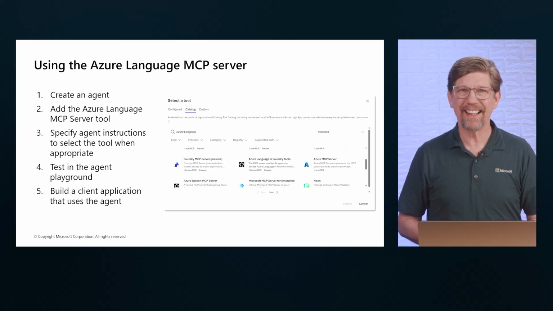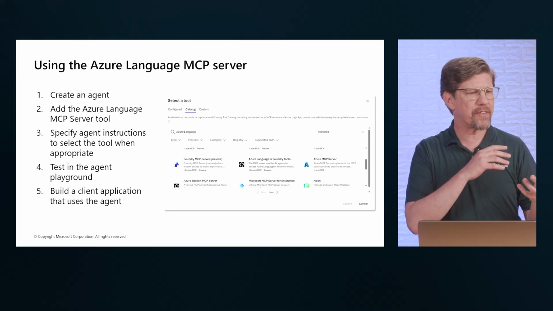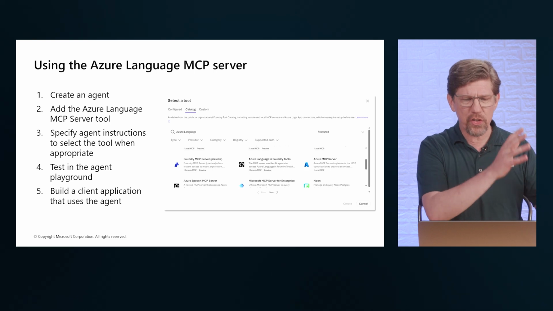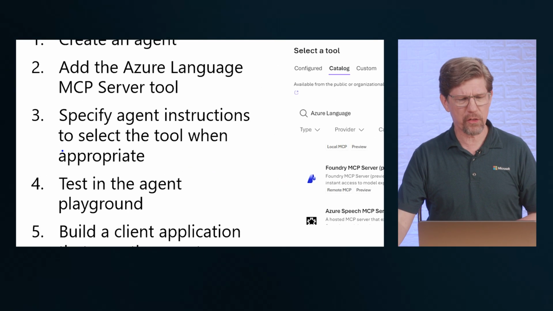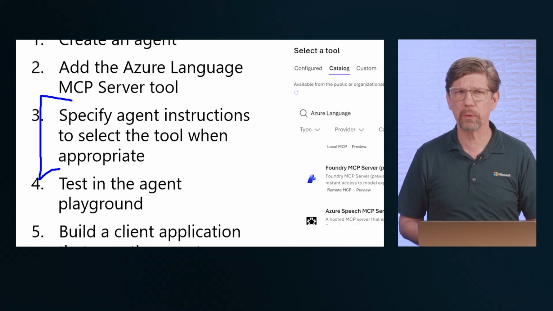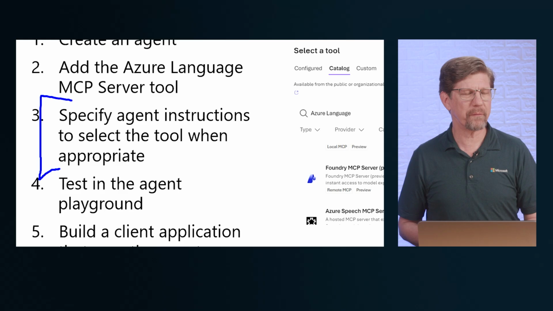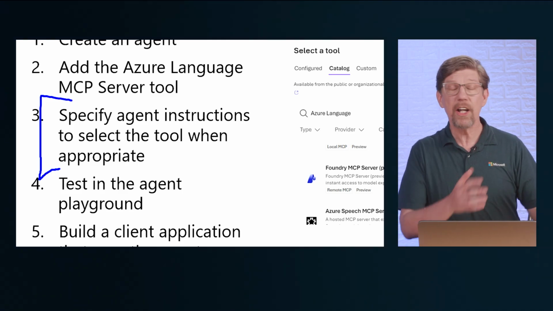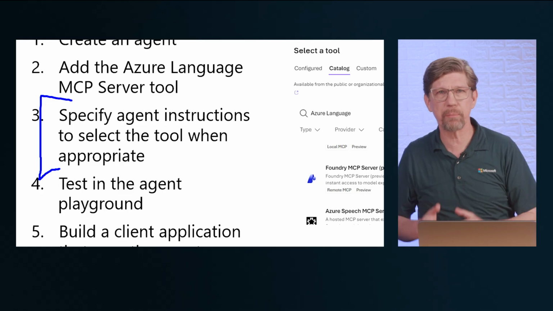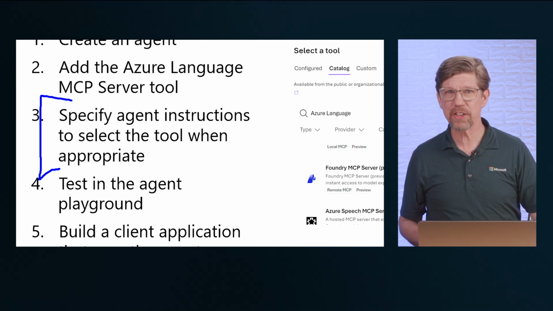And then that's it. At this point, much like we were talking about with other MCP tools, there is this idea of ensuring that things like your instructions are in the right spot. Here it says that we've got to make sure that we are specifying agent instructions to select the appropriate tool. Given that large language models, without giving them human characteristics, kind of think they can do a lot of things, if we say identify PII to a large language model that hasn't been set up with these tools, it knows what PII is and it can guess.